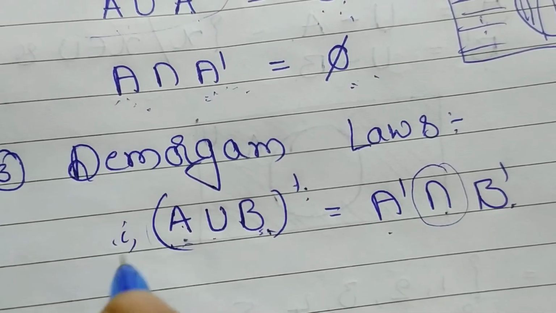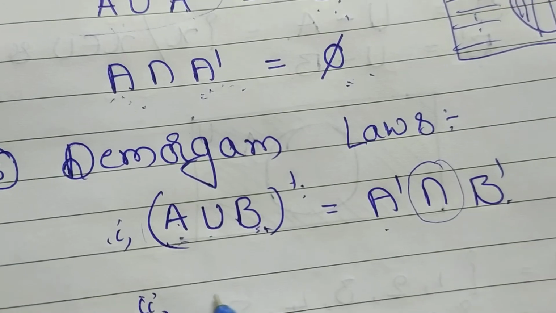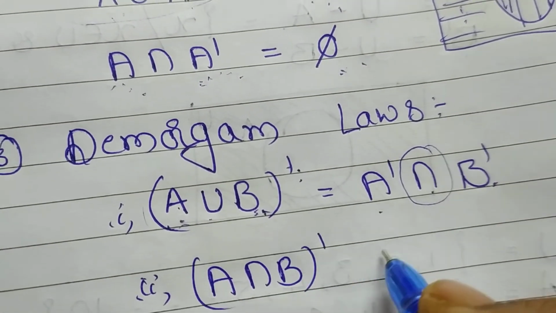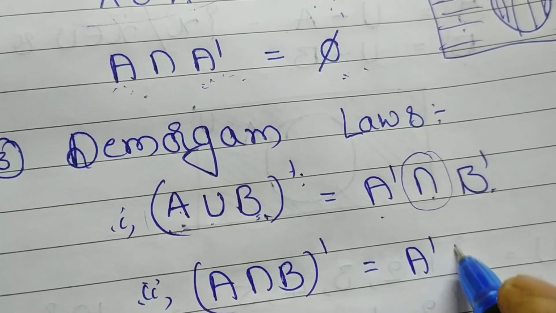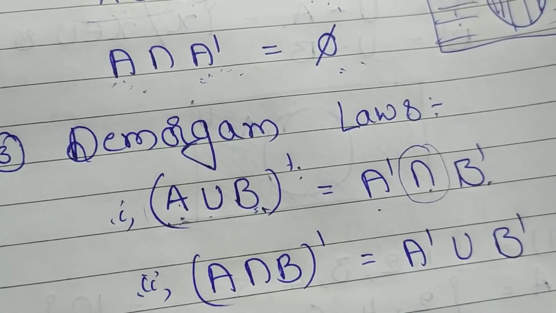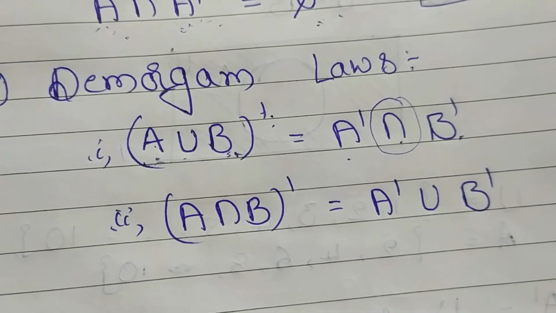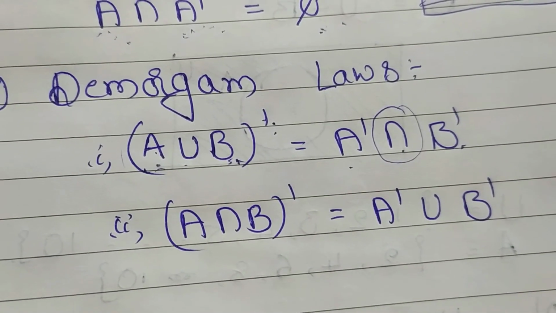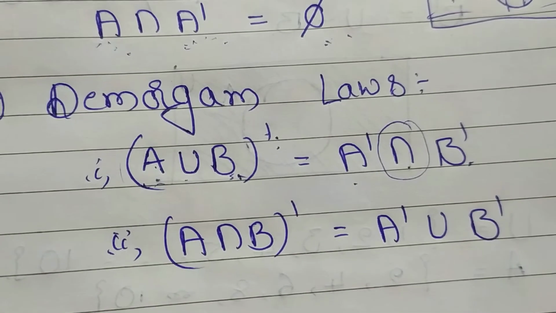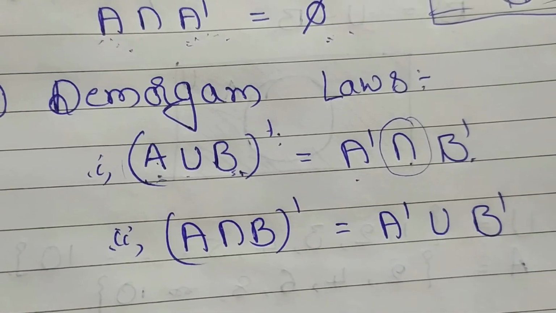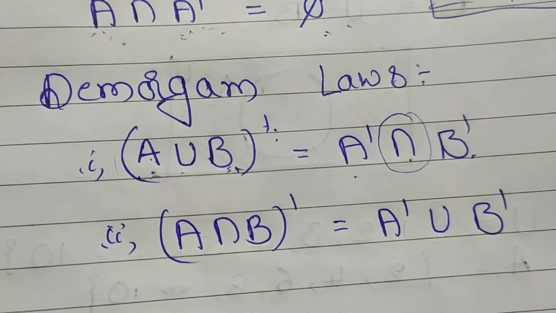The second law, same like this with intersection. A intersection B whole complement equals A complement union B complement. So these are the De Morgan laws. These are very, very important, and many a time they will give you the sets and ask you to verify the De Morgan laws.